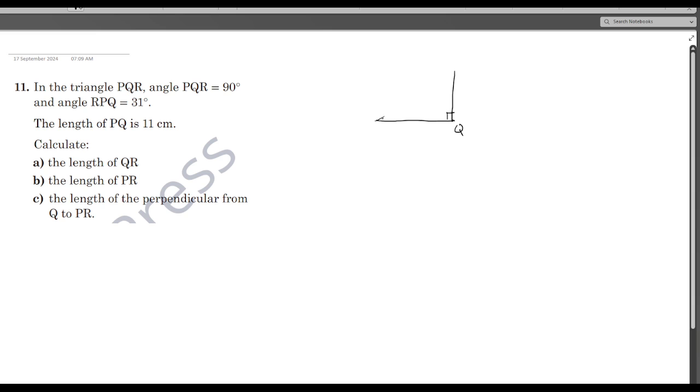It will be something like this. This angle is 31. The length of PQ is 11. So this angle is 35. I have to find out the length of QR.